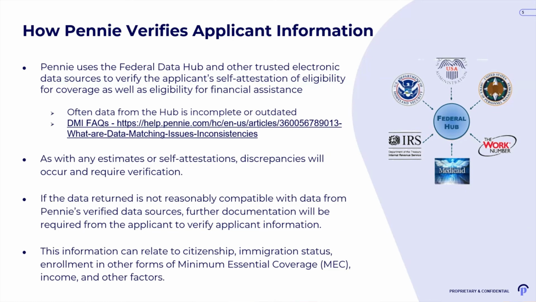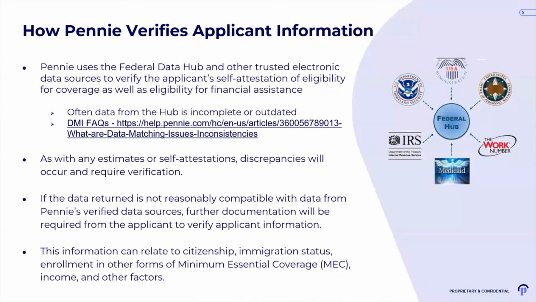DMI FAQs are available through the Pennie website. Straight from pennie.com, you can click Learn and then FAQs. That'll direct you to the information about data matching issues, and there are copious volumes of information out there that'll help answer a lot of questions in terms of assisting customers.